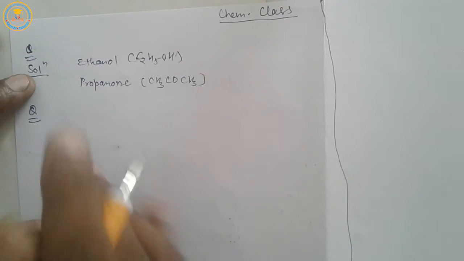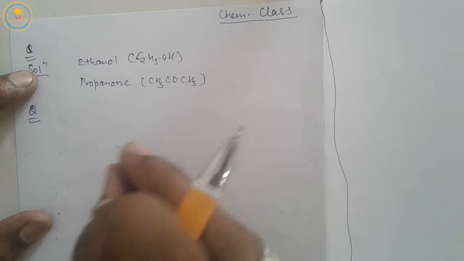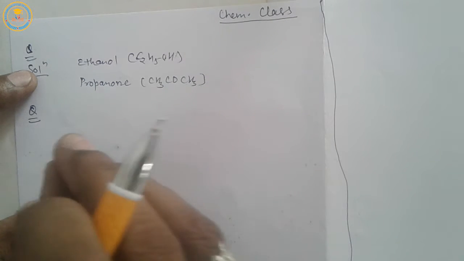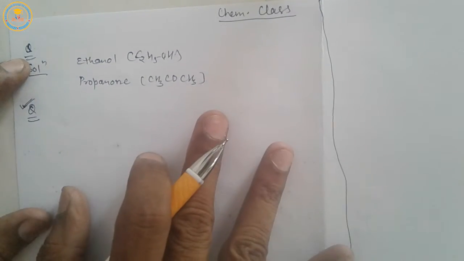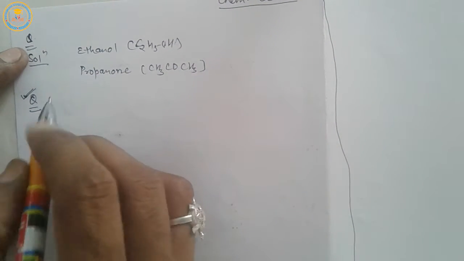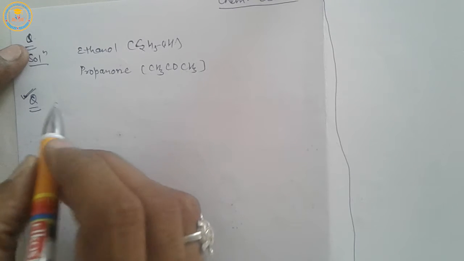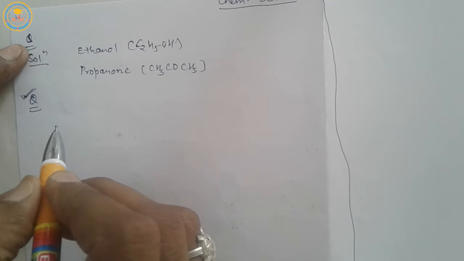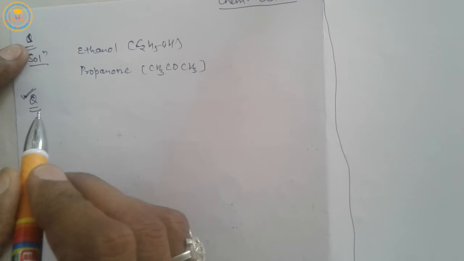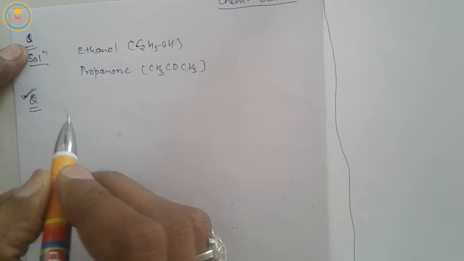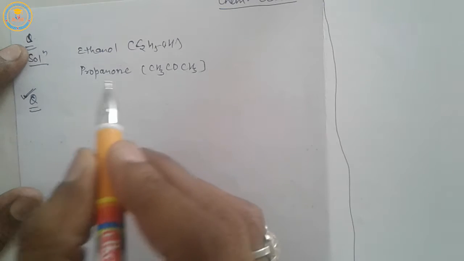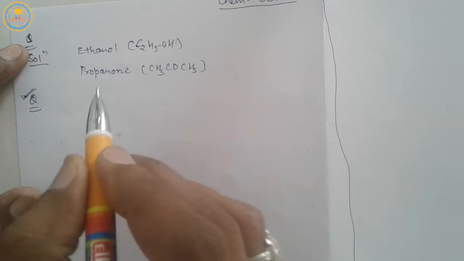Now, the second question was: how can you obtain 2-bromopropane from 1-bromopropane? Very important question for your competition. So, when 1-bromopropane is treated with alcoholic solution of KOH, then propene is formed by dehydrohalogenation.